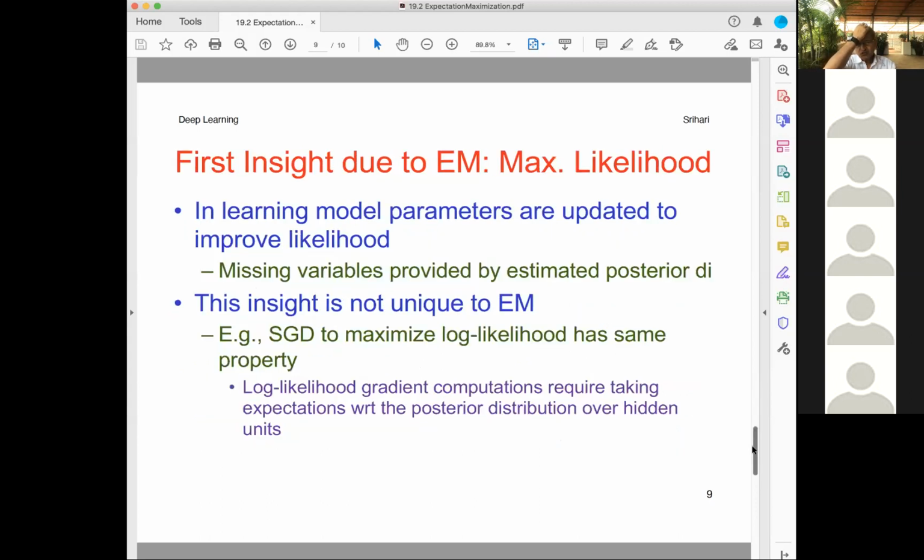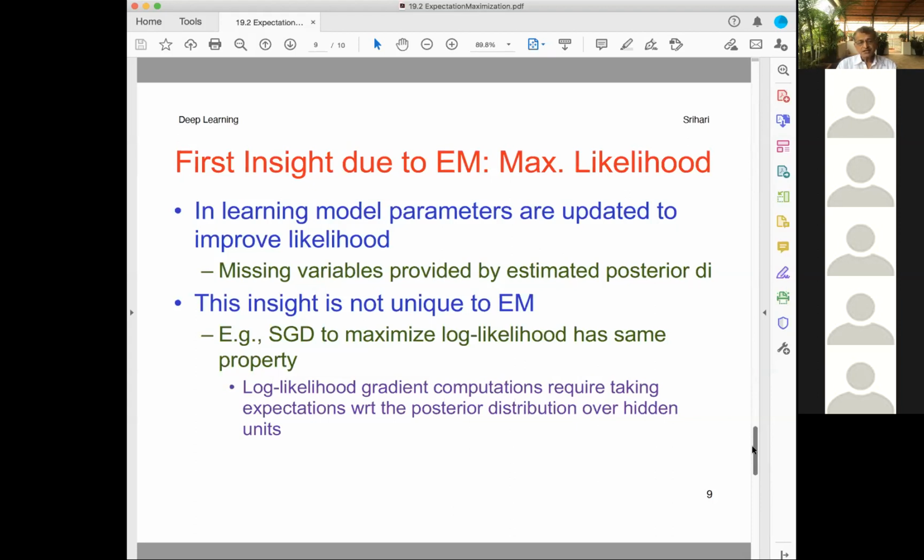There are two insights due to expectation maximization. This part on expectation maximization applied to approximate inference is to gain some insights. The first insight due to EM is that of maximum likelihood. In learning, model parameters are updated to improve the likelihood, and missing variables are provided by an estimated prior distribution.